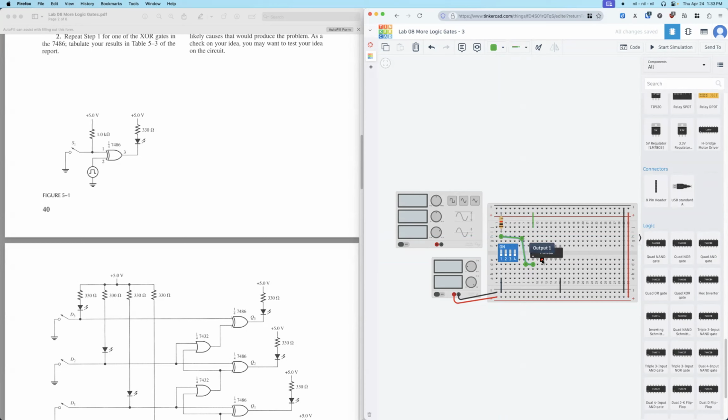So pin 1, pin 2 are inputs. Pin 3 is output. Then pin 2, so this one needs to connect to the function generator. So from here, this is 1 kilohertz, 5 volts. So square wave, this is okay. So 5 volts, okay. 2.5, this is okay. So this means the square wave is from 0 to 5 volts.